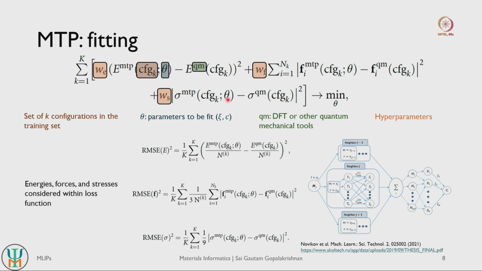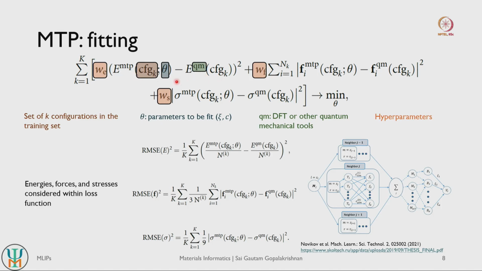Okay. So how is the fitting process done? So you have the energy that is being predicted by the moment tensor potential for a given configuration K here, right. We can then compare that energy with a reference energy, which is usually obtained by quantum mechanics, such as density functional theory based calculations.